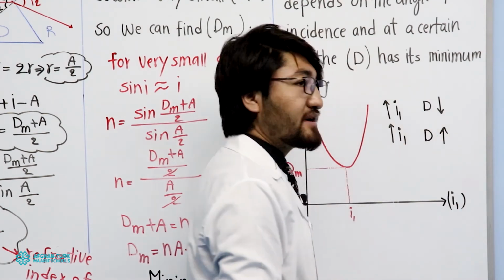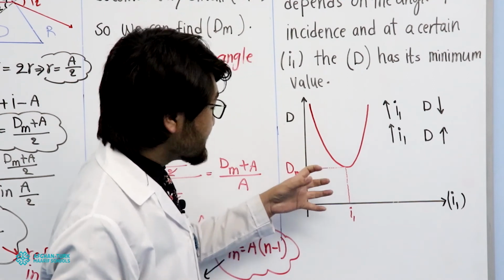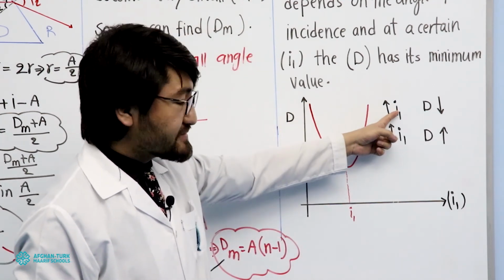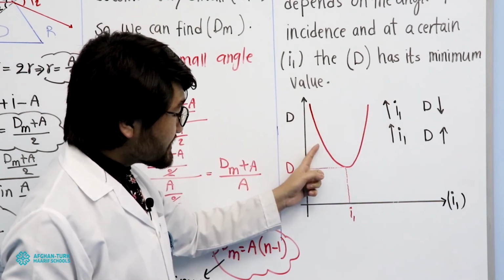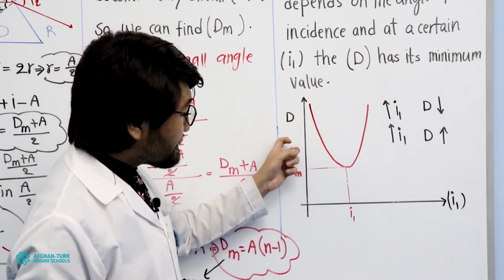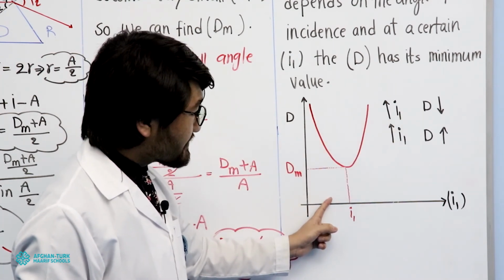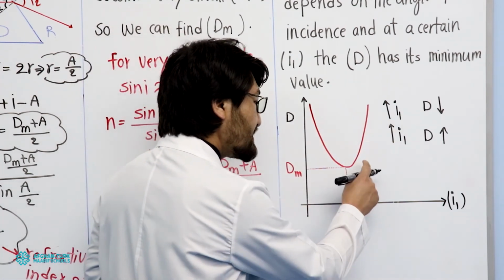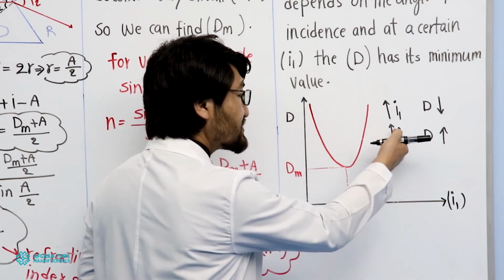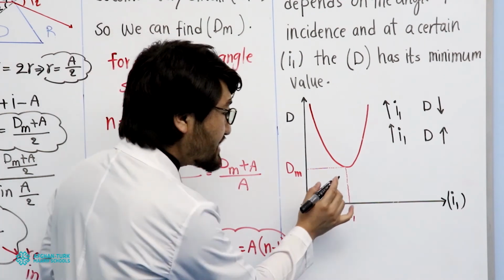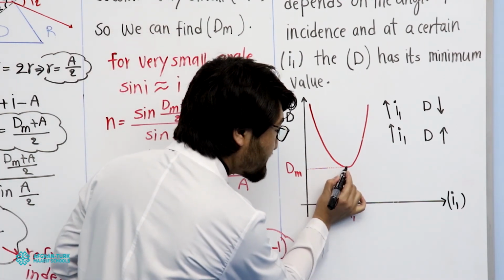Let me show you the graph. As the angle of incidence increases, the angle of deviation decreases. You see the graph? And as the angle of incidence increases further, the angle of deviation also increases. But here, it is a minimum point.